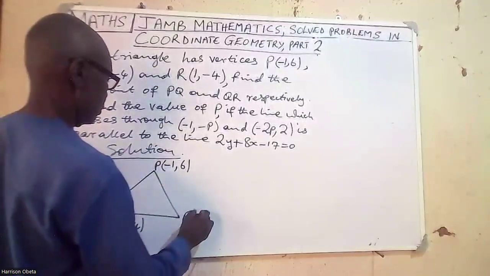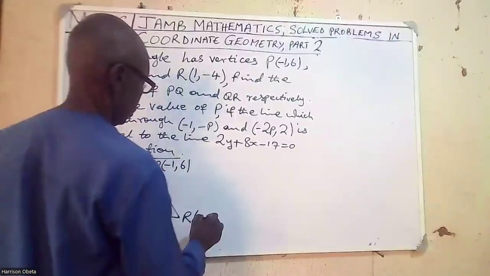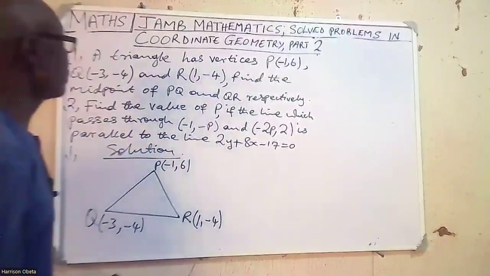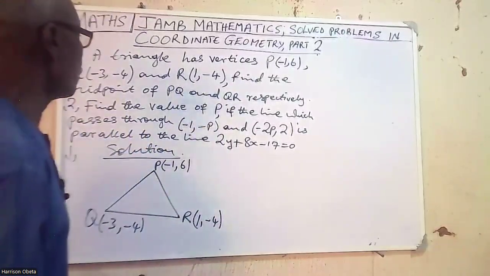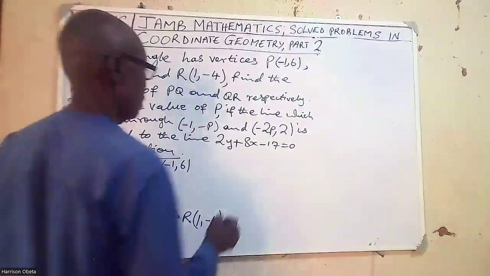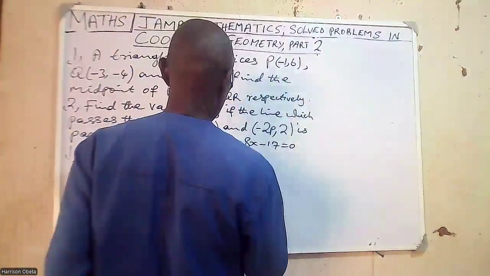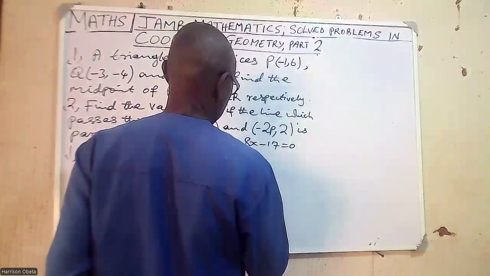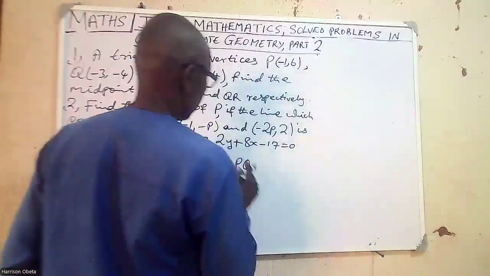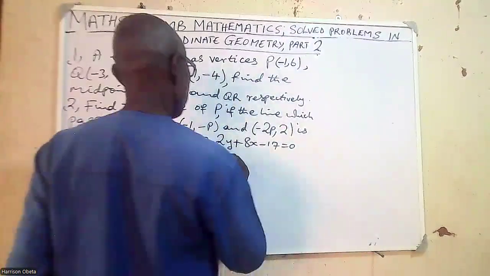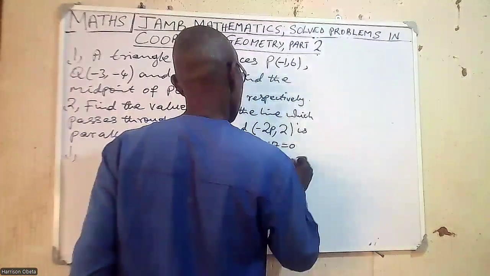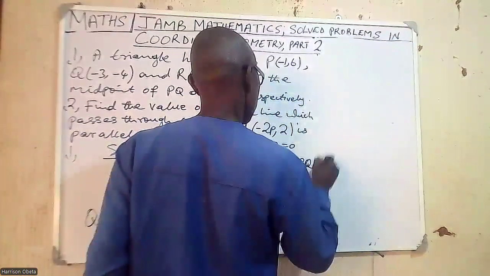And then R is 1, -4. So we have to find the midpoint of PQ and PR. Okay. First, the midpoint of PQ.